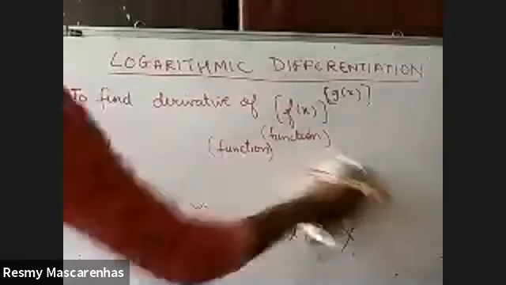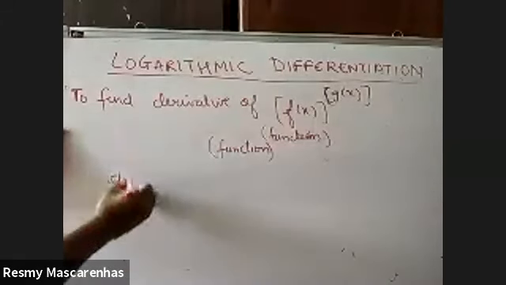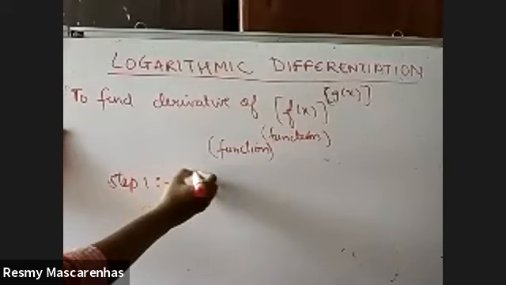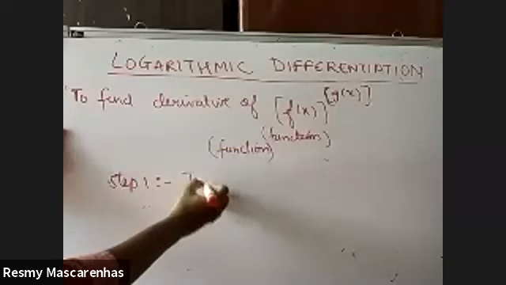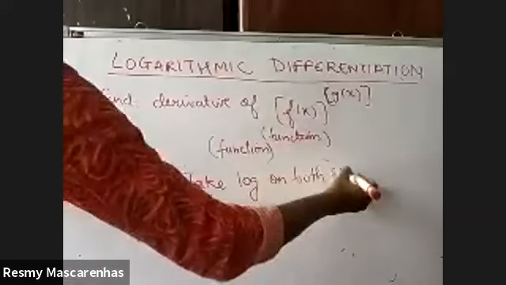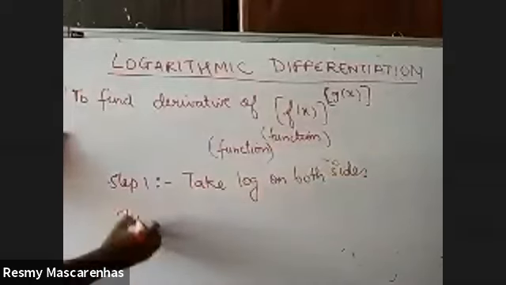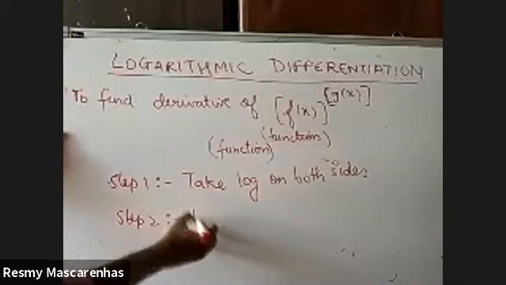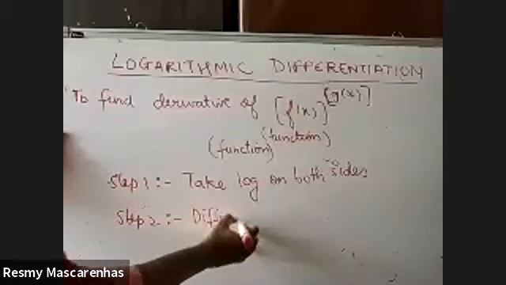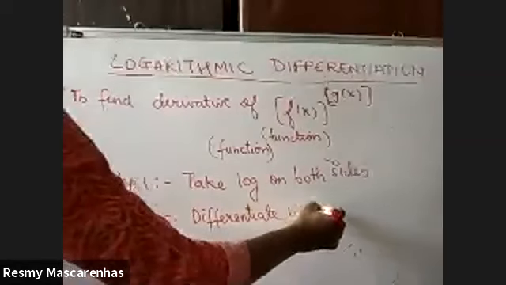So there are two steps which you have to follow. In this case, step 1 is take log on both sides first. And then step 2 is to differentiate with respect to x.